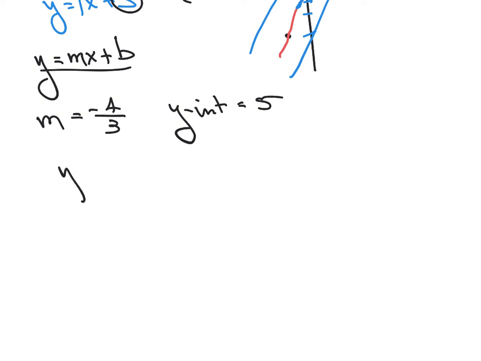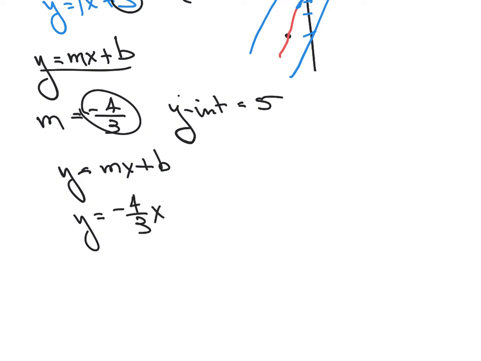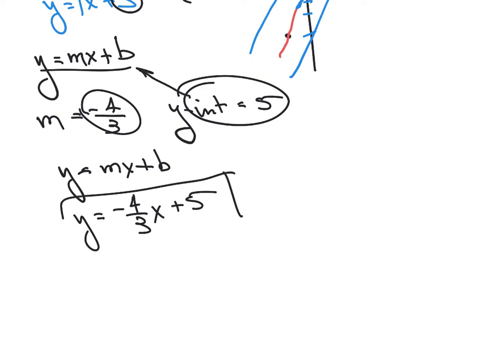Well, y equals mx plus b is the equation. Negative 4/3 represents m. The y-intercept is 5, which is the number that goes there. And I just wrote the equation.